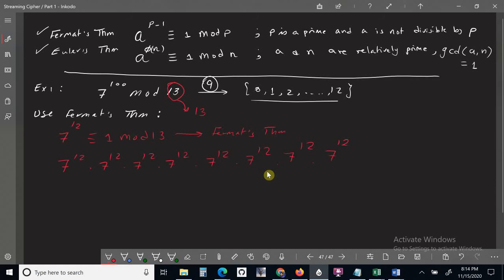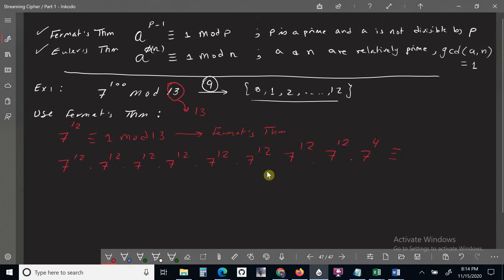That's 1, 2, 3, 4, 5, 6, 7, 8. So 8 times 12 is 96, and the remaining is 7 to the power 4. So we are rewriting the power notation into this form, and let's find out what this is equal to.